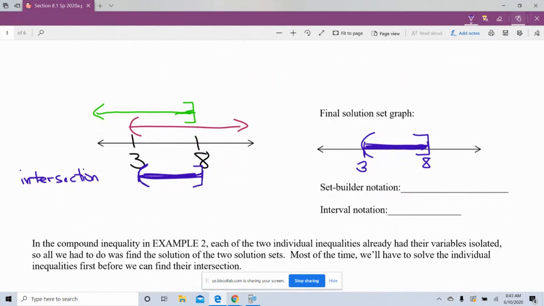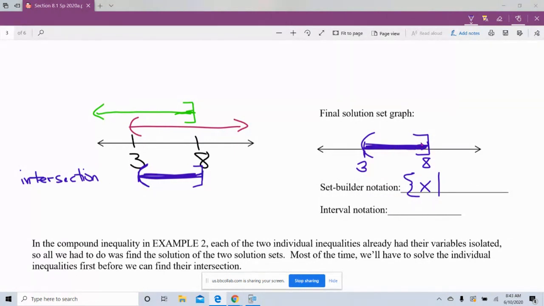One of them is set-builder notation, where I use the set bracket followed by the variable. My variable name here is x. And then I have my such that bar. And now I need a single inequality for this set of numbers.